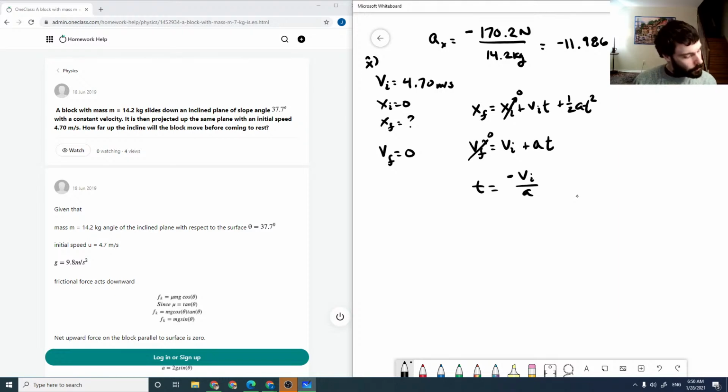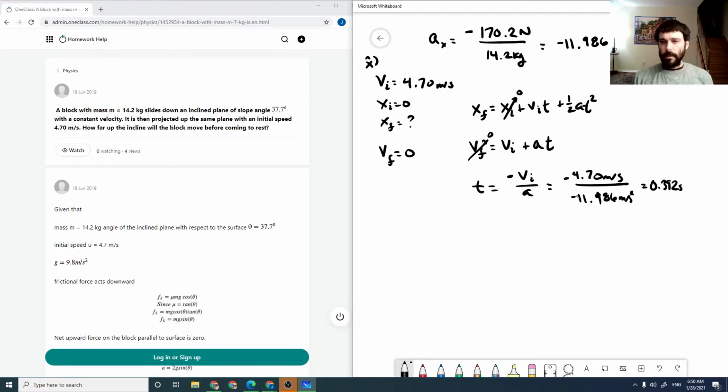Actually, it looks like I solved for it, so I'll just do that anyway. So it's minus 4.70 meters per second over minus 11.986 meters per second squared. So 0.392 seconds.